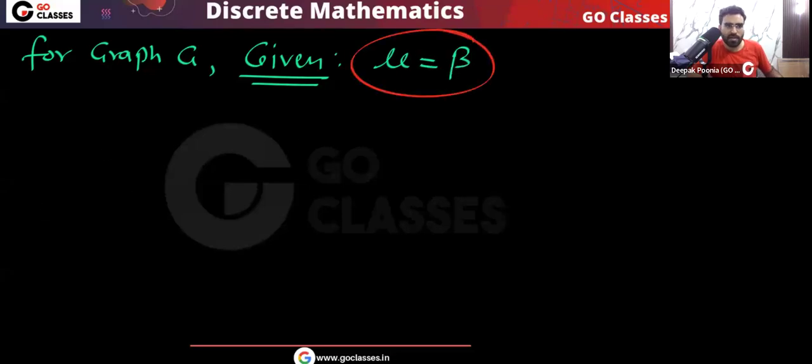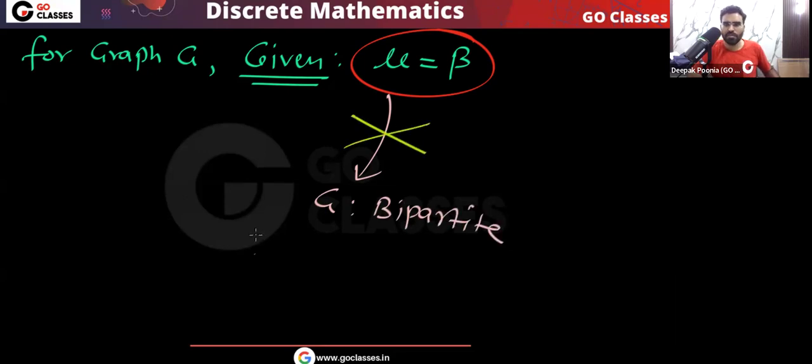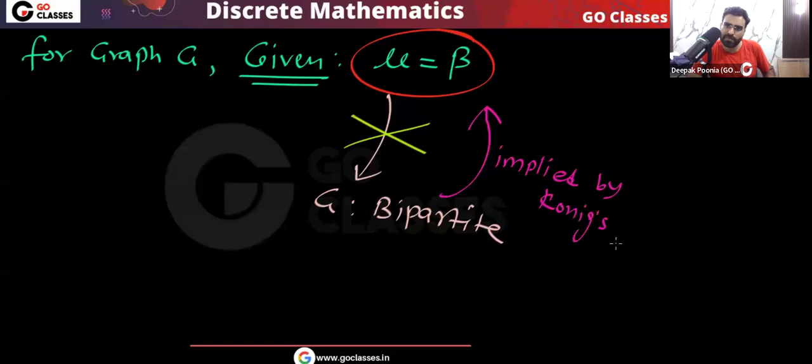But does it imply that G is bipartite? No, it does not. Remember, if a graph is bipartite, then mu will be equal to beta. Yes, this is implied by König's theorem.